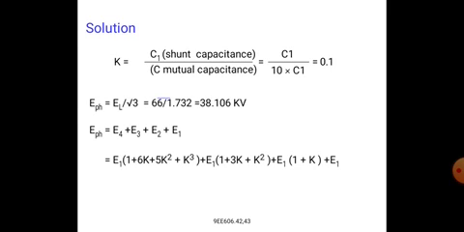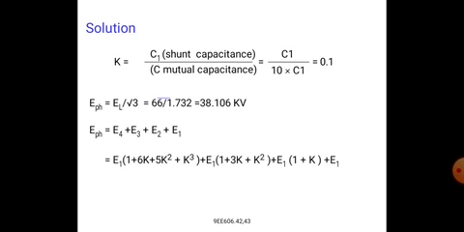So substitute the formula, that is, E phase is equal to E1 plus E2, where E2 is nothing but E1 into (1 plus K). E3 is equal to E1 into (1 plus 3K plus K square), plus E4 is nothing but E1 into (1 plus 6K plus 5K square plus K cube).